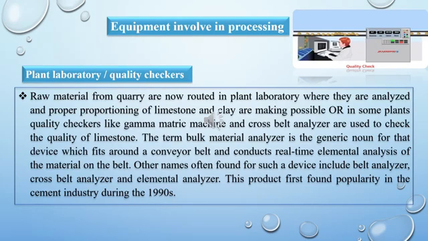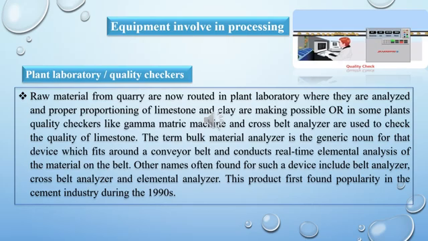And the first one is plant laboratory or the quality checkers. Raw material from the quarry is now routed to the plant laboratory where it is analyzed, and proper proportioning of limestone and clay is made possible. In some plants, quality checkers like gamma metric machines and cross belt analyzers are used to check the quality of limestone.